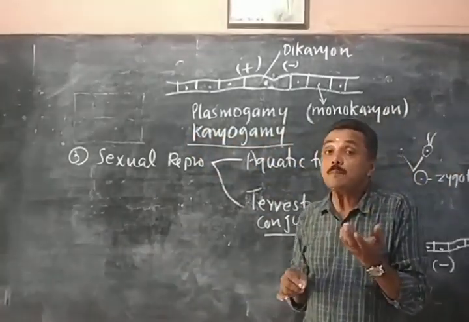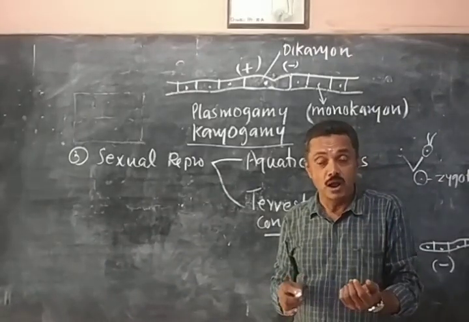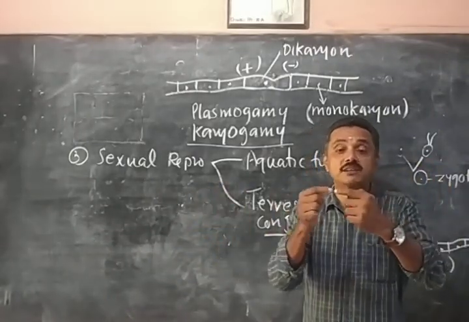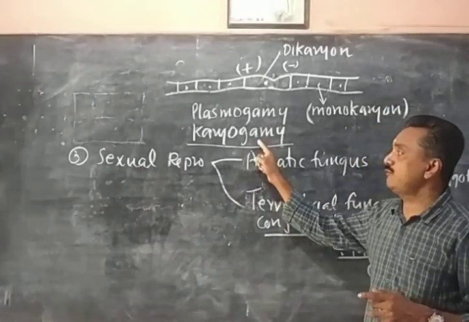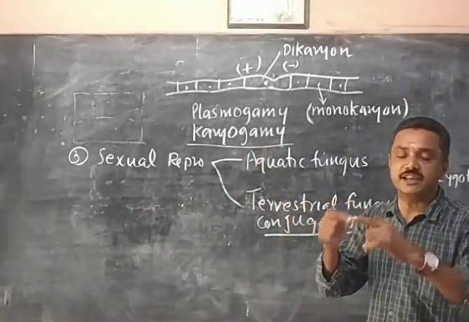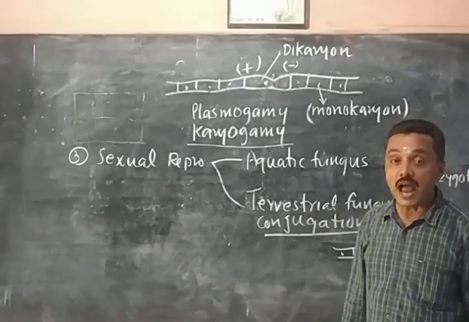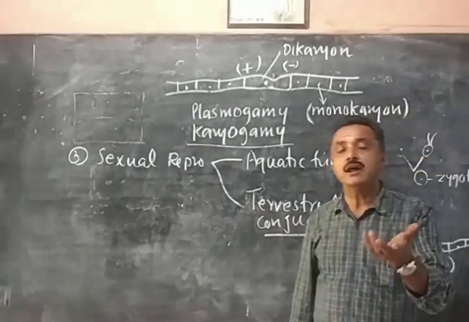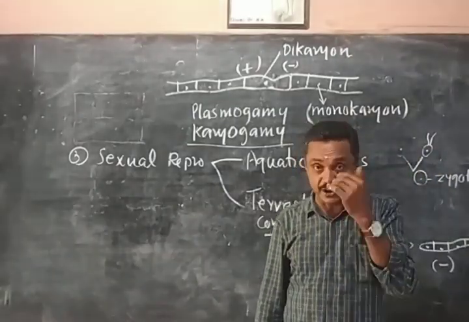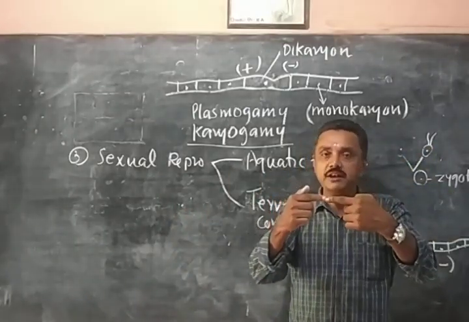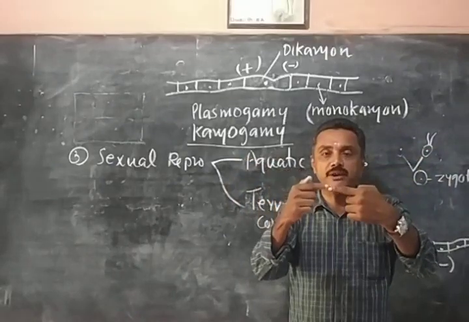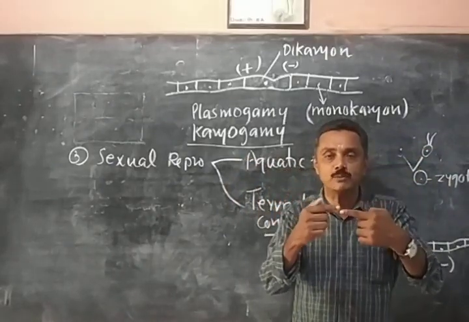So there are two processes during conjugation. First of all, mixing of the protoplasm takes place, that is called plasmogamy. Joining of nuclei takes place, that is called karyogamy. Like that the process takes place. Conjugation, joining of plus and minus hypha, is called conjugation. First the protoplasm mixes together, that is plasmogamy.